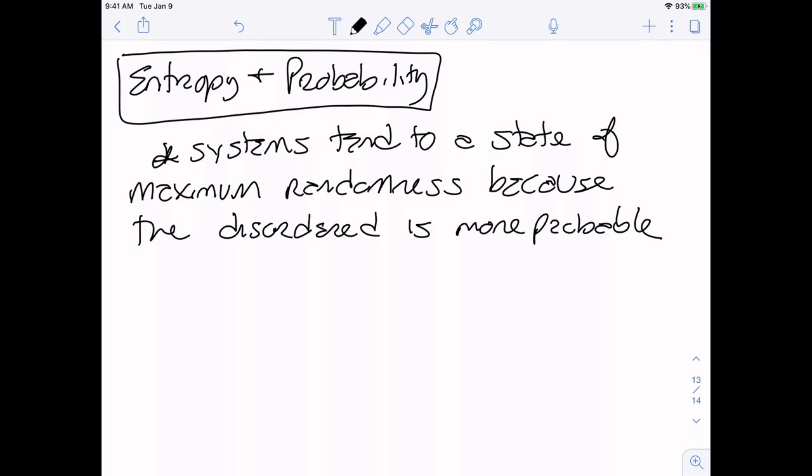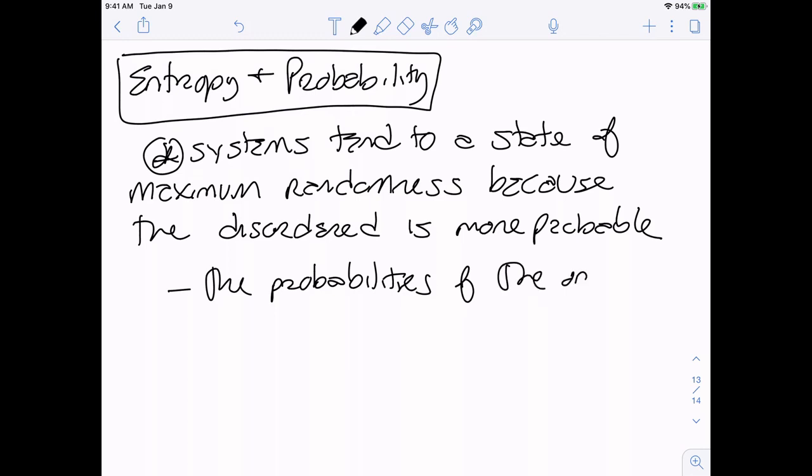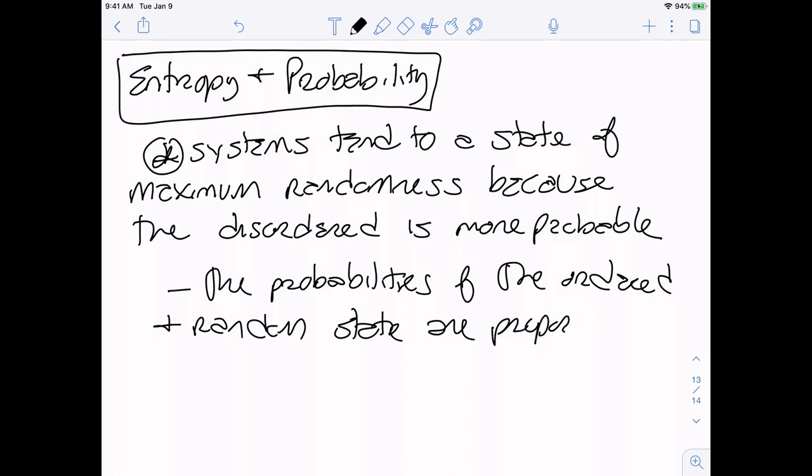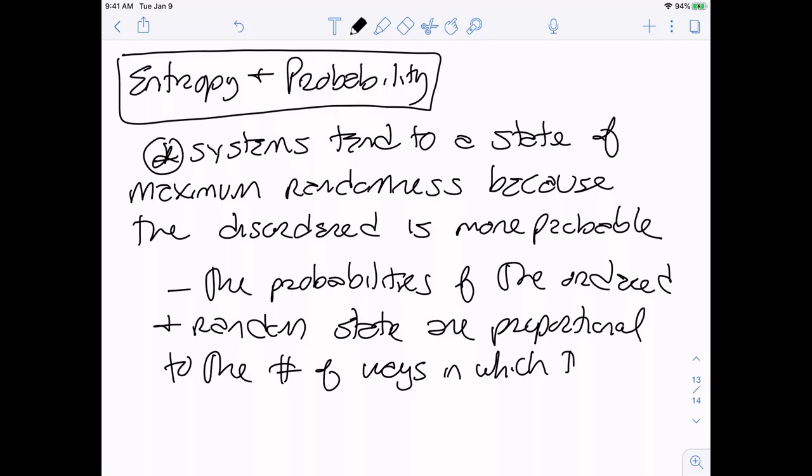So the probabilities of the ordered and random state are proportional to the number of ways in which that state can be achieved.